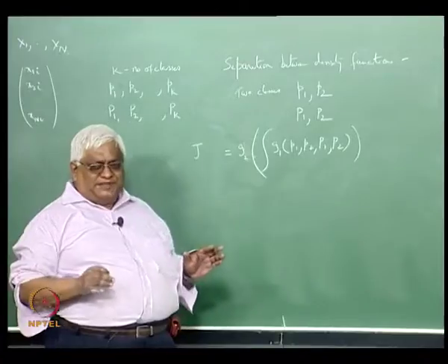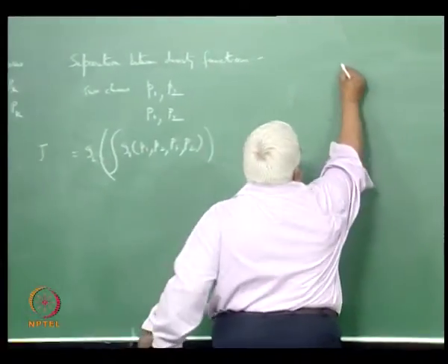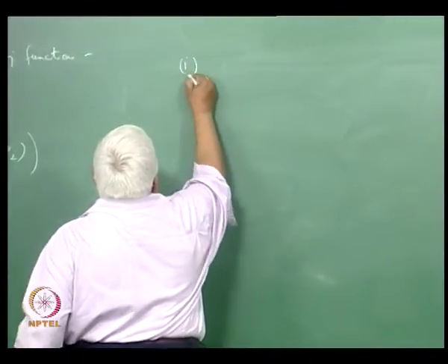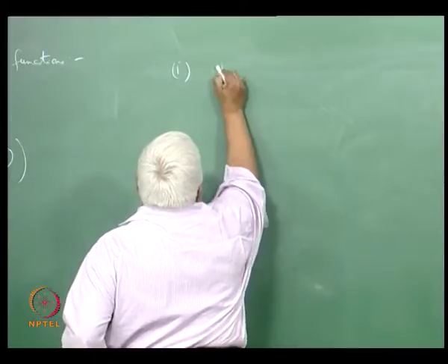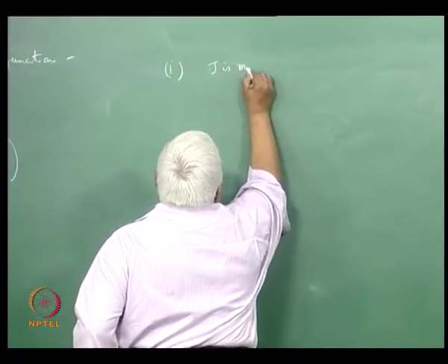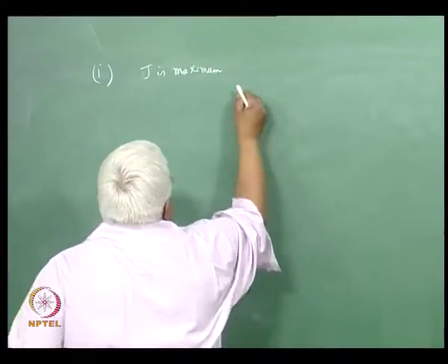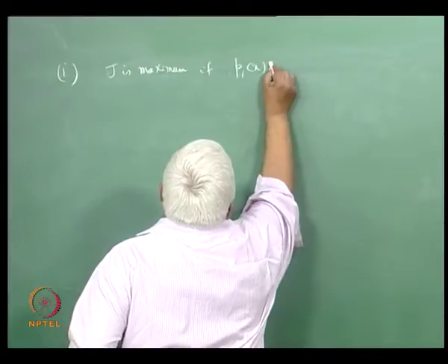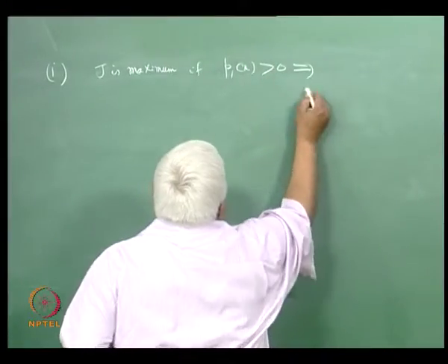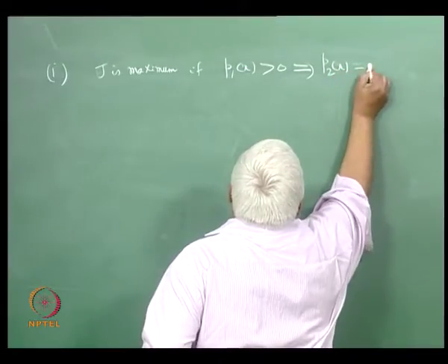What are the properties? The properties are 1, J is maximum if p1 x greater than 0 implies p2 x is equal to 0.